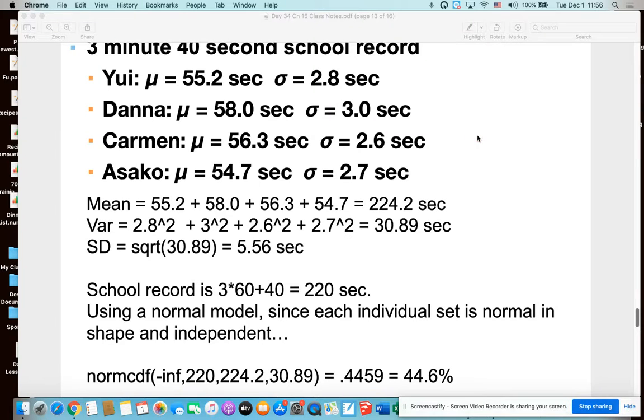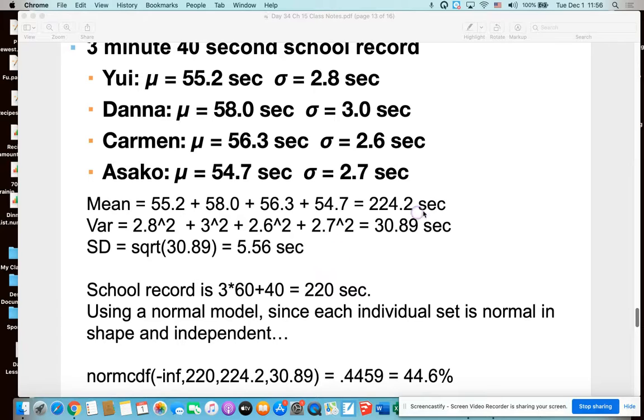There are a lot of ways that people could get faster or slower on any particular day when they're swimming together. So this is what you do: you take the variances, square these each and then add them together to get the variance of the total set. And to get the standard deviation, of course, you just take the square root of that.